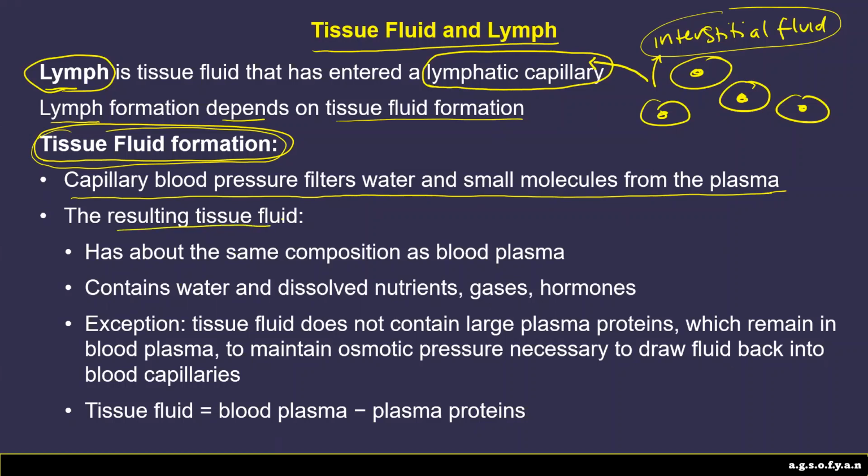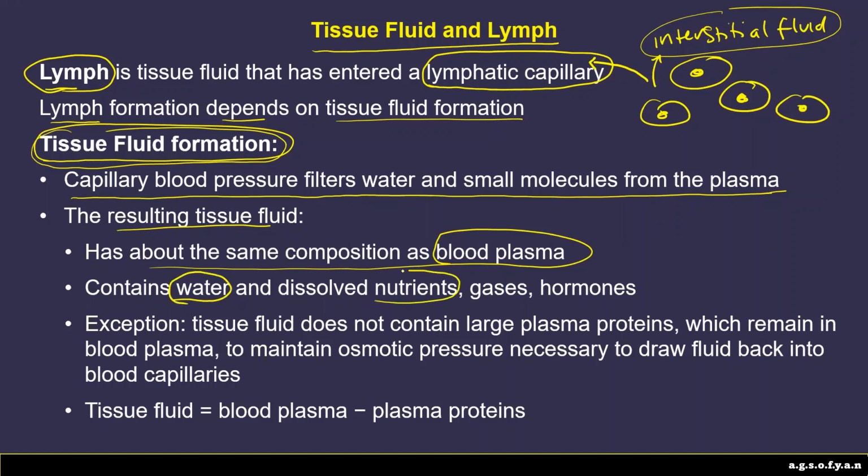The resulting tissue fluid will have about the same composition as the blood plasma that enters into this organ, into the capillary. Okay, of course, it contains water because plasma is mostly water.